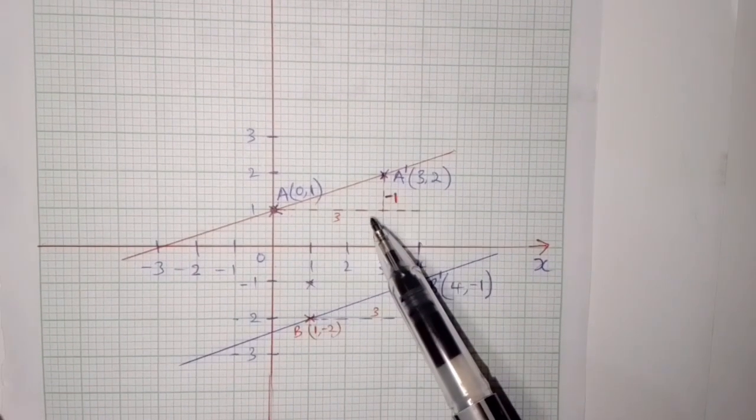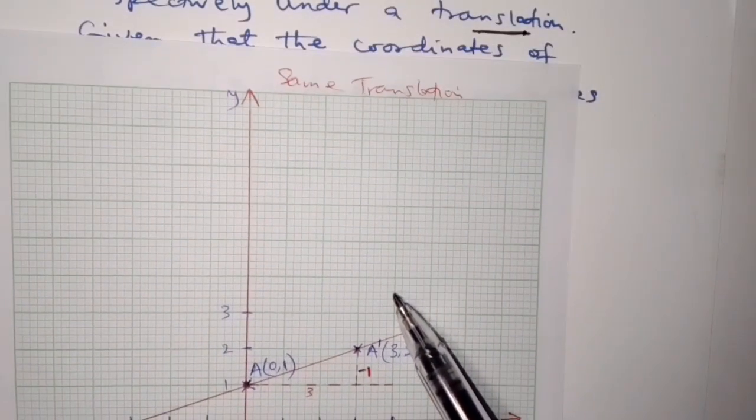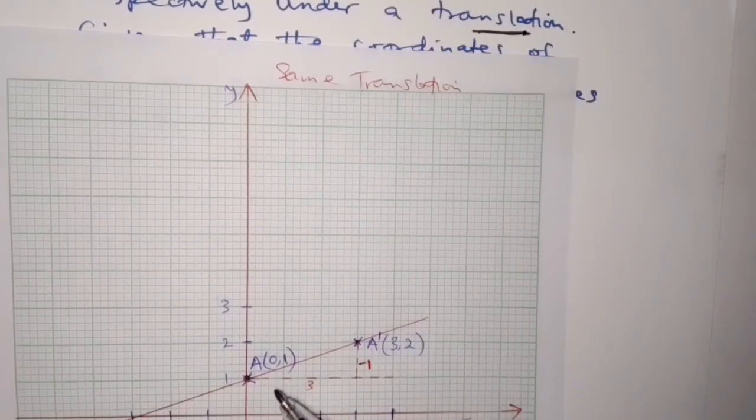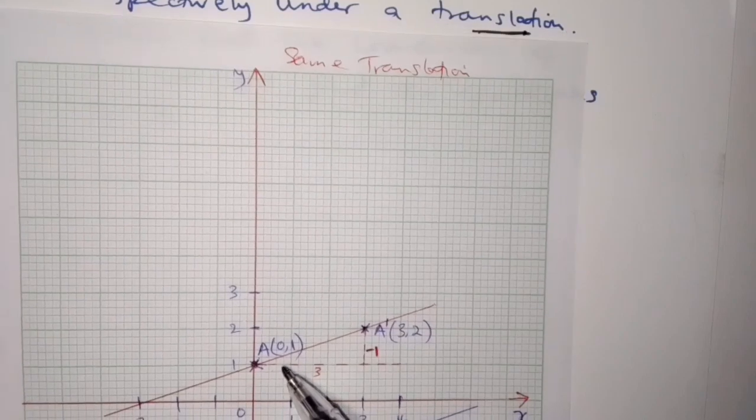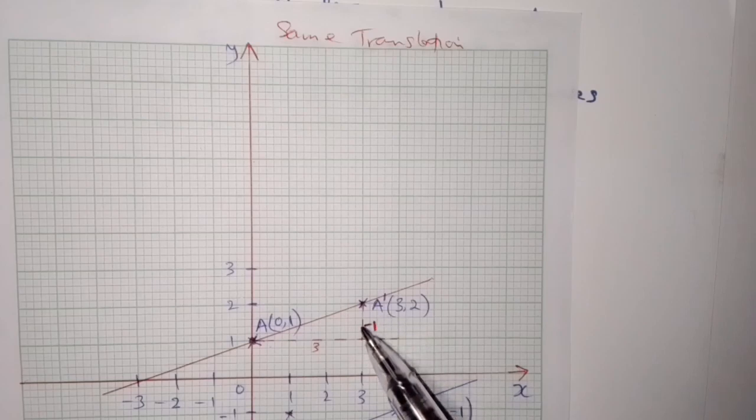So now this point A that is (0, 1) is translated to point A prime.